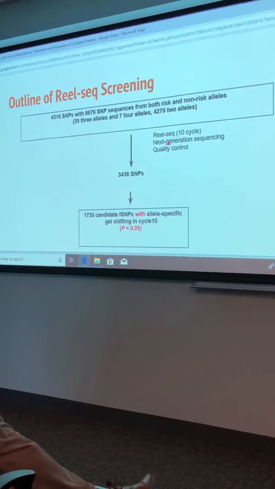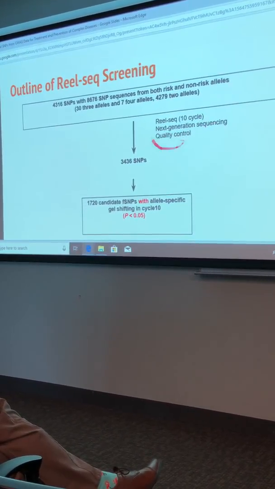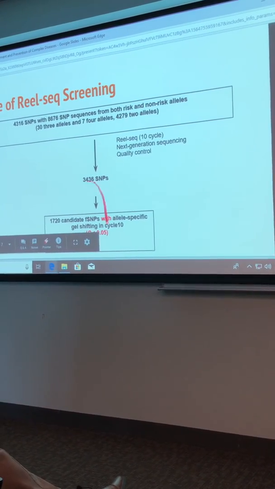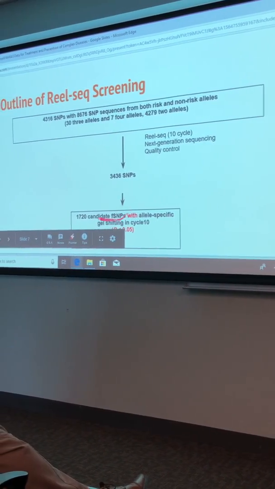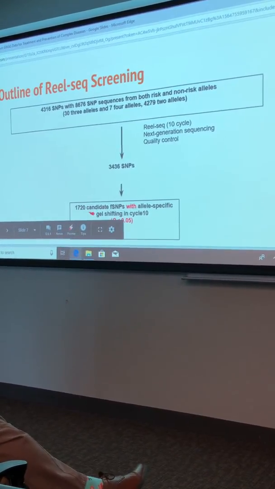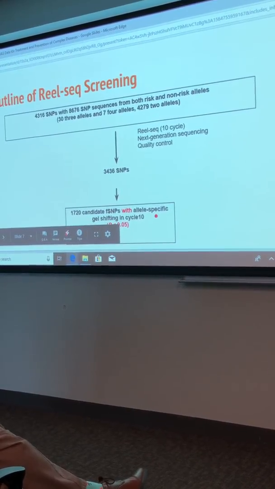To narrow that down, we'd have 10 cycles of RealSeq, next generation sequencing quality control. We would narrow that down to 3,436 SNPs. And then eventually, from analysis of the results, we get 1,720 candidate functional SNPs with allele-specific gel shifting in cycle 10.